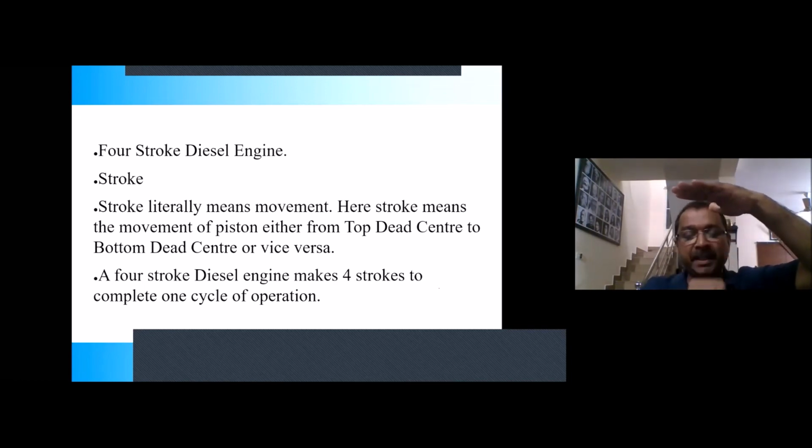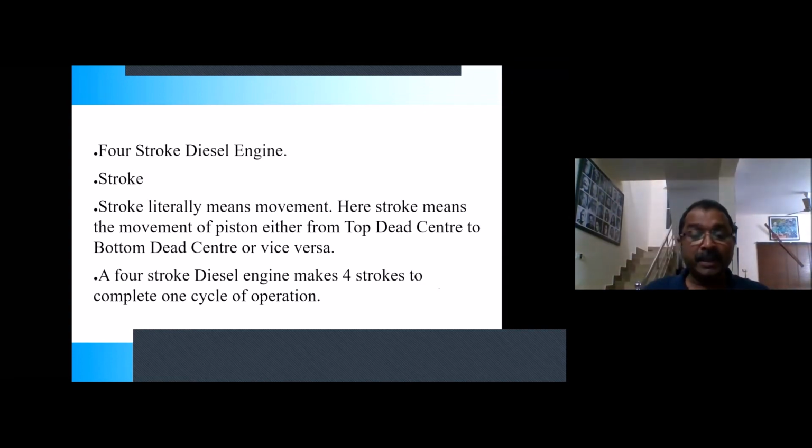Let us say the piston is moving from bottom to top. Right now, the piston is at the bottom dead center. The piston will move downwards up to that point only. That is why we call it BDC, or bottom dead center. In the course of action, it will move upwards and reach a point where it comes to an end.